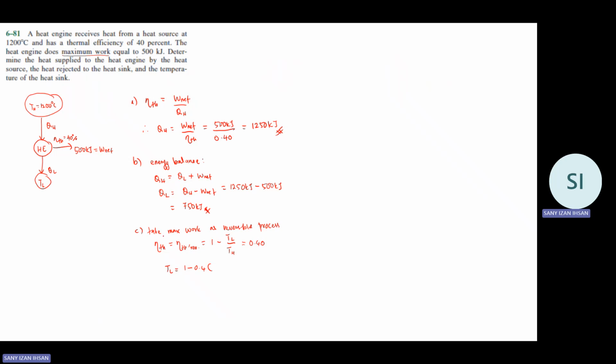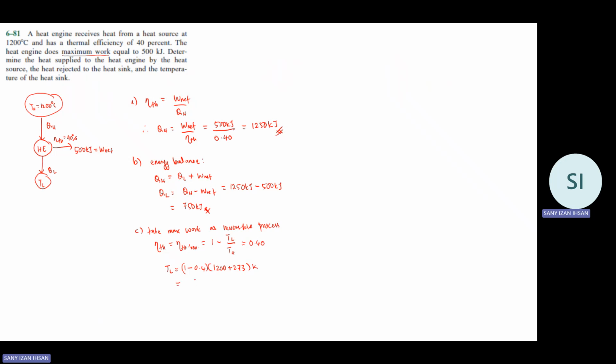And be careful, when we are talking about efficiency, you need to use Kelvin for temperature. So TH is 1200 degrees Celsius plus 273 in order to get Kelvin, the whole thing multiplied by 1 minus 0.4.